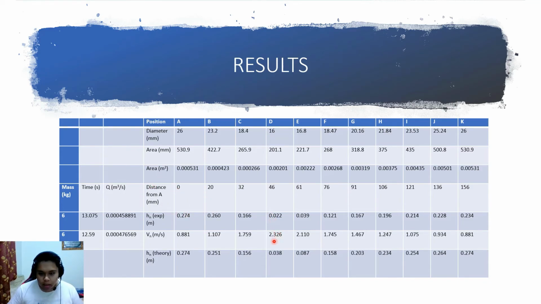And after point D, the velocity starts to decrease, so the pressure starts to increase, and that's the increment of the pressure here. But the pressure at point K, which has the same diameter as point A, is not equal to the pressure at point A because there are losses in energy, and that is the assumption made.